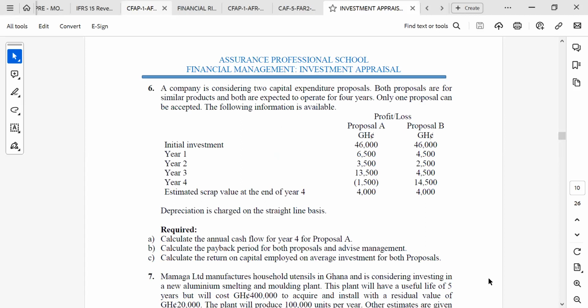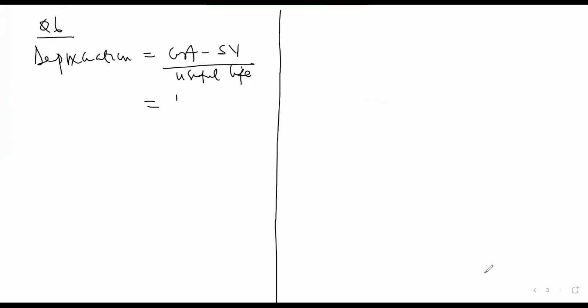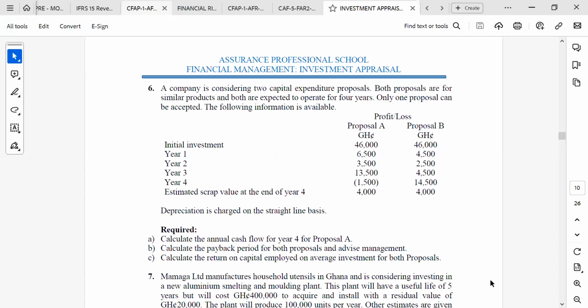Okay, so what is the cost? The cost is the initial investment, which is 46,000. The scrap value is what? 4,000. Okay, so our depreciation will be 46,000 minus 4,000 divided by how many years? Okay, that would be 4 years. So how much are you getting?